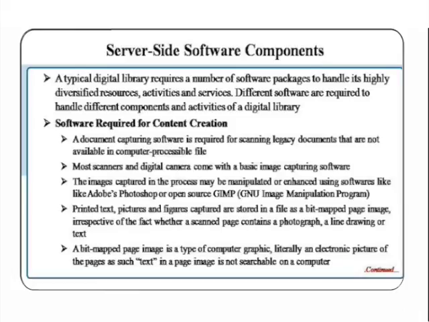The bitmap pages are converted into a textual file using OCR, that is optical character recognition software. Most document imaging software has an OCR package built in. A number of OCR packages are also available as separate utilities. Converting material already available in digital format into PDF requires Adobe Software Suite or any other similar conversion software.